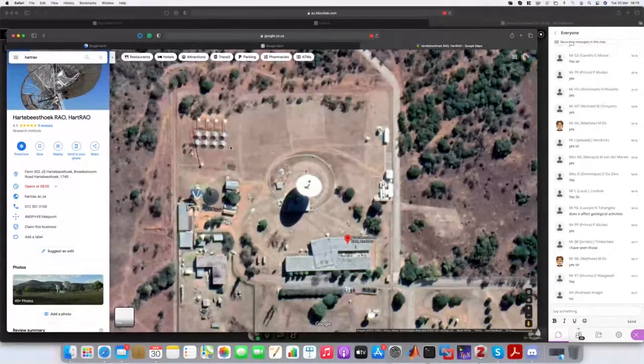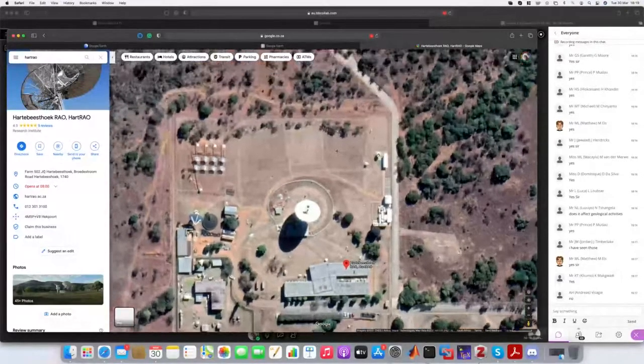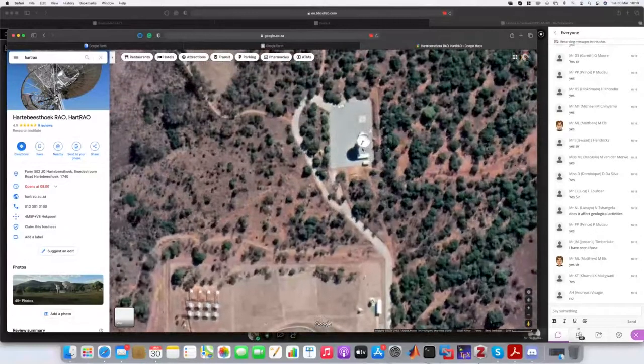They are using the Earth's rotation to point it to different objects. And then over here we have our newly built VGOS telescope that is 13.5 meters in diameter. We are still commissioning this telescope, and it will form part of the VGOS VLBI network.